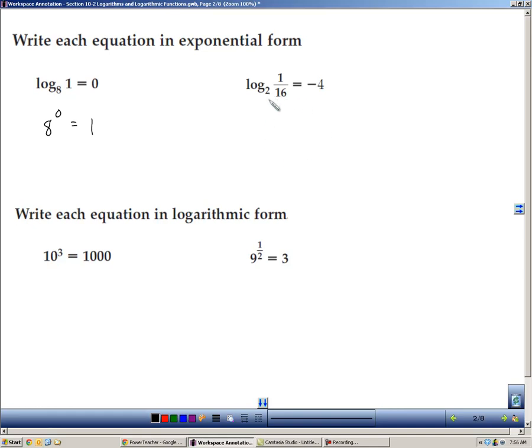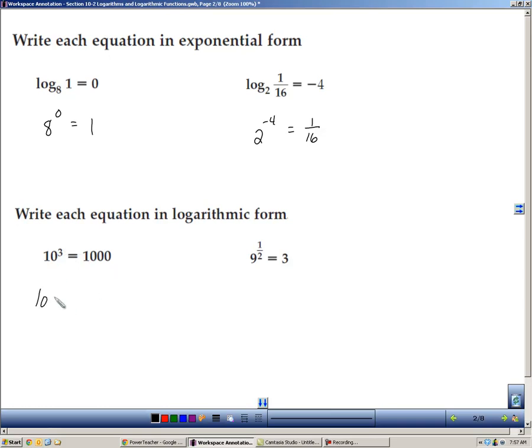Likewise over here, base 2 to the negative 4th power is 1 over 16. And that's true because you have to make this 1 over 2 to the 4th, which is 1 over 16. Now if you go down here and you have things that are in exponential form with exponents, can you write them in logarithmic form?